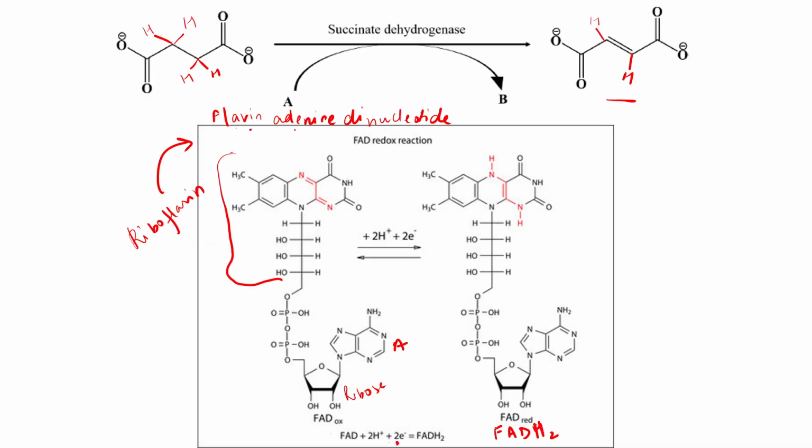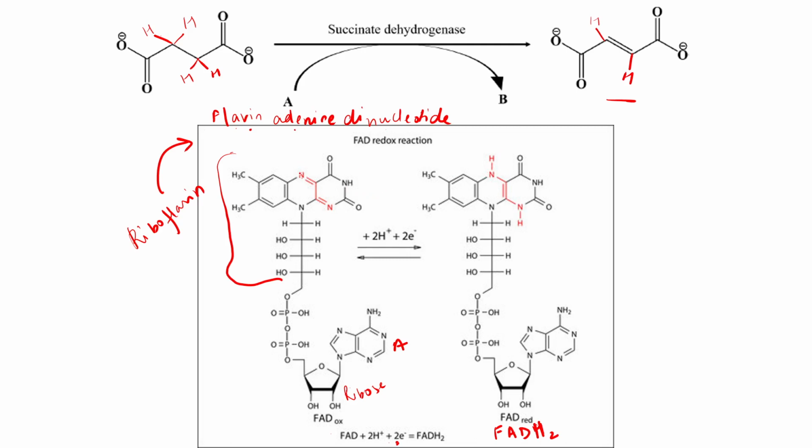Why does it happen? If you see this ring system of riboflavin, it imparts a yellowish color due to these nitrogens. Due to the presence of these nitrogens, it imparts a yellow color to the molecule. When it is reduced, it becomes FADH2, where the lone pairs of these two nitrogens are now involved in bonding with hydrogen.